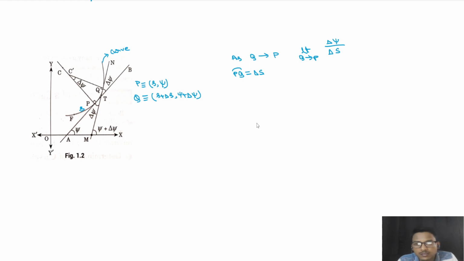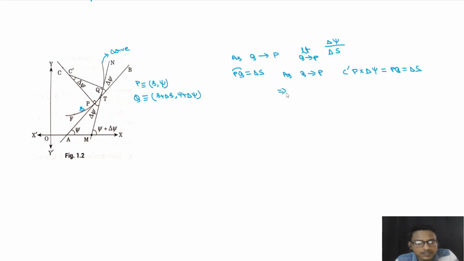Now see, from the triangle C dash PQ, what can we write? As Q approaches P, we have C dash P times delta psi is equal to PQ, which is delta s.